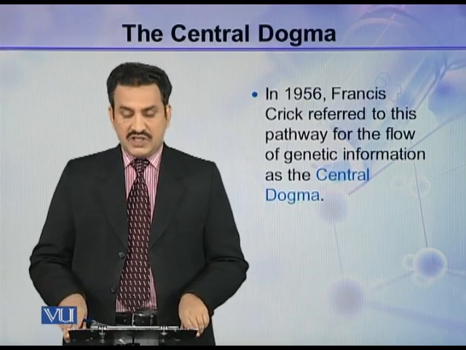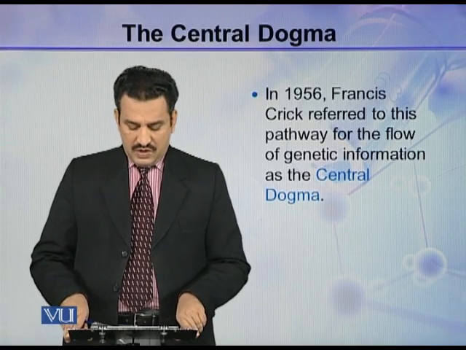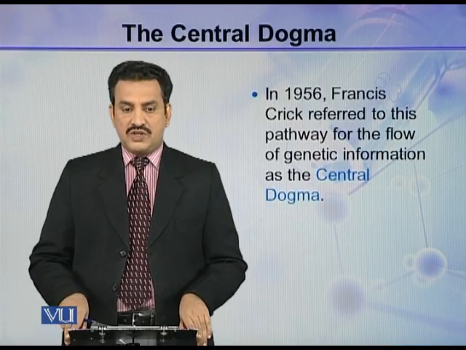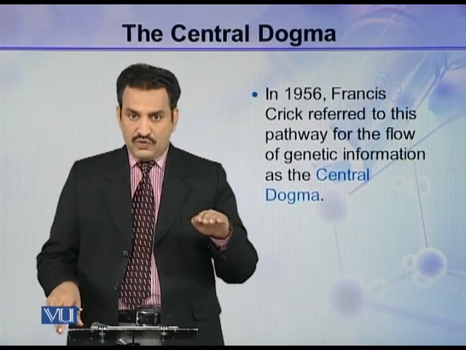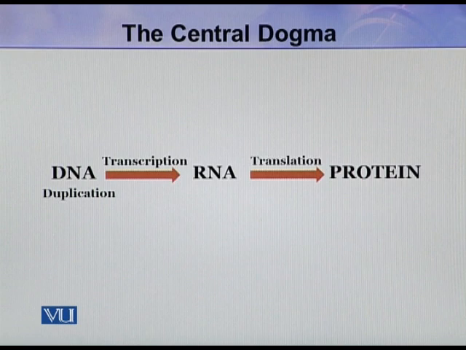In 1956, Francis Crick referred to this pathway for the flow of genetic information as the central dogma. So this flowing pathway of information was called the central dogma.